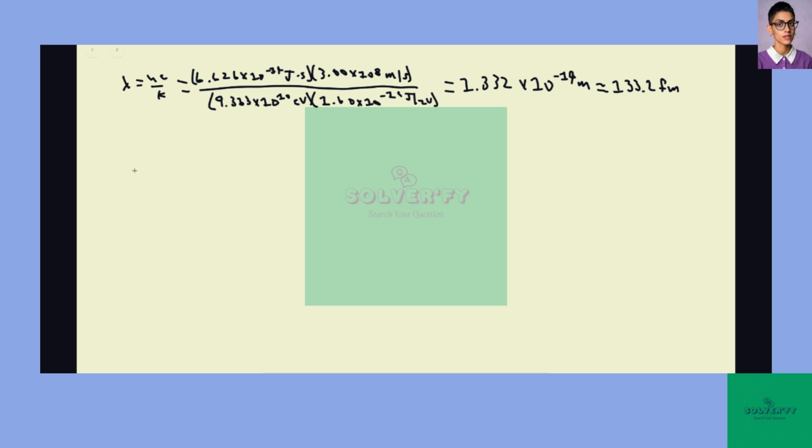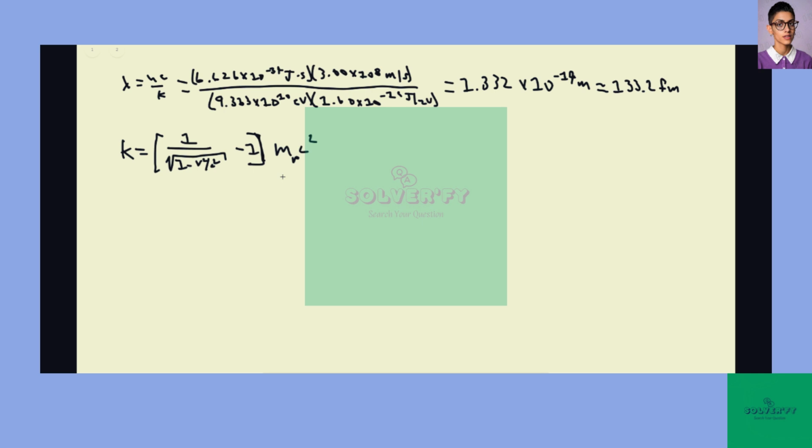All right, so now for its velocity, we have to use the relativistic energy term. So k is given by 1 over the square root of 1 minus v squared over c squared, minus 1, times mc squared.